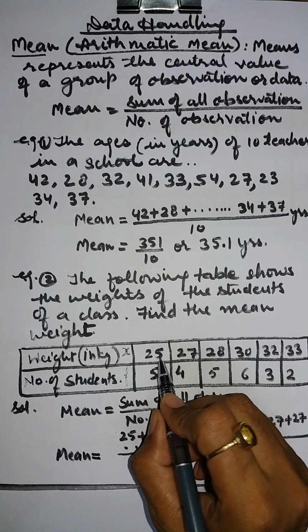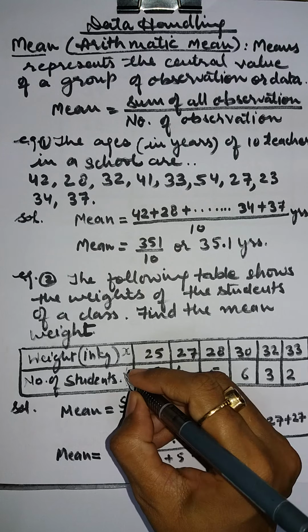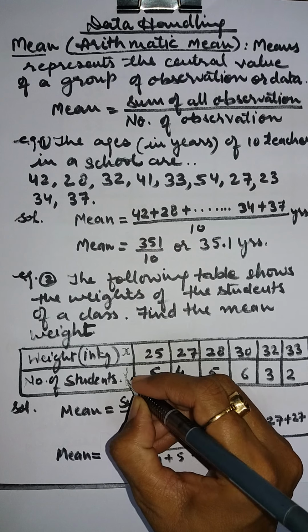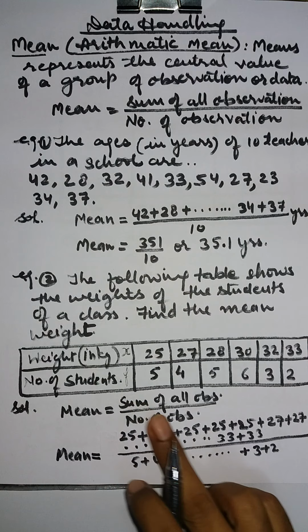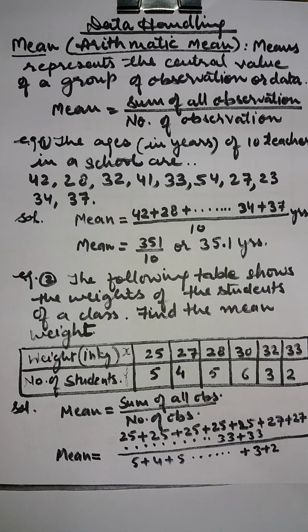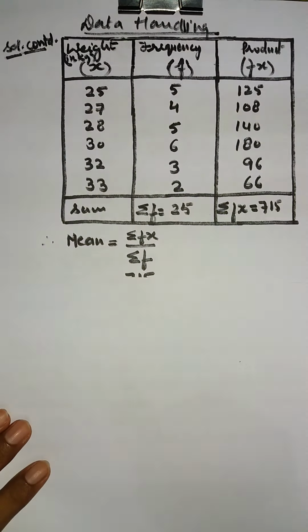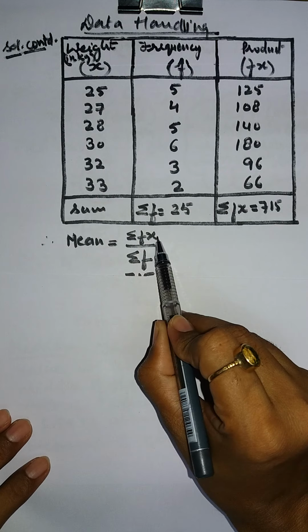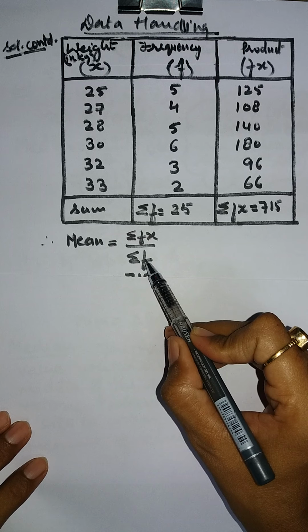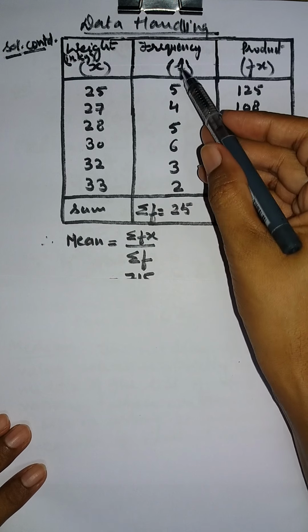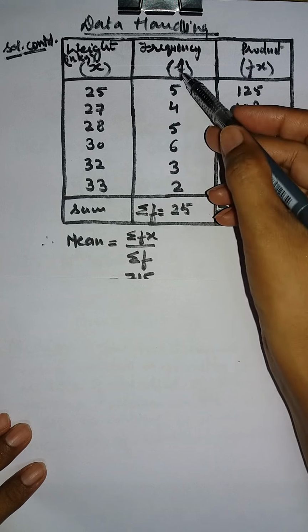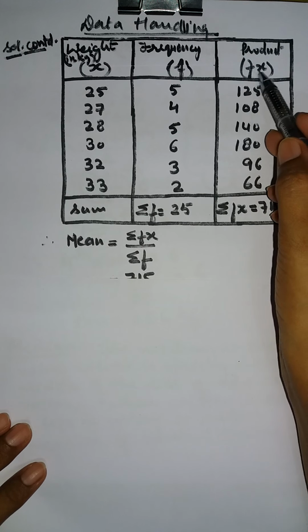That means this 25 is repeatedly occurring here for 5 times, so it is called frequency. So we will have a formula here which is as follows: sigma fx divided by sigma f. This sigma says the sum of the products of frequency and observation.